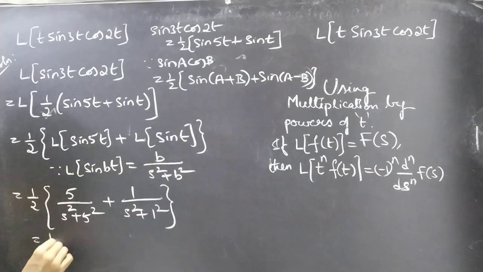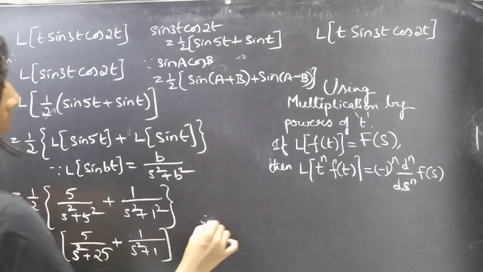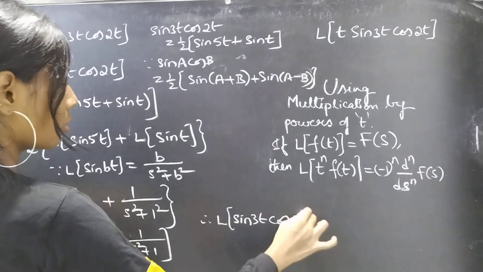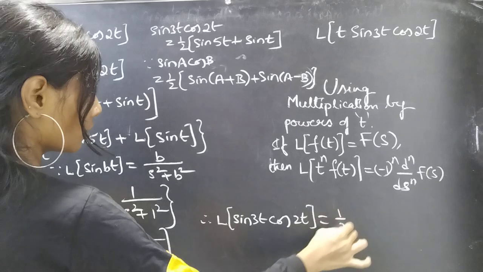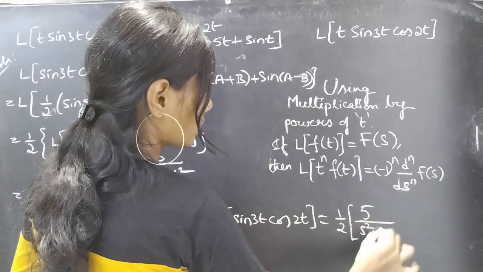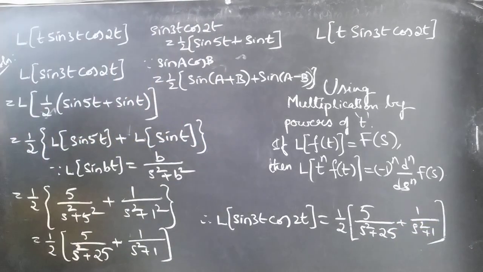This is equal to 1 by 2 into 5 by s square plus 25 plus 1 by s square plus 1. Therefore, L of sin 3t cos 2t equals 1 by 2 into 5 by s square plus 25 plus 1 by s square plus 1.